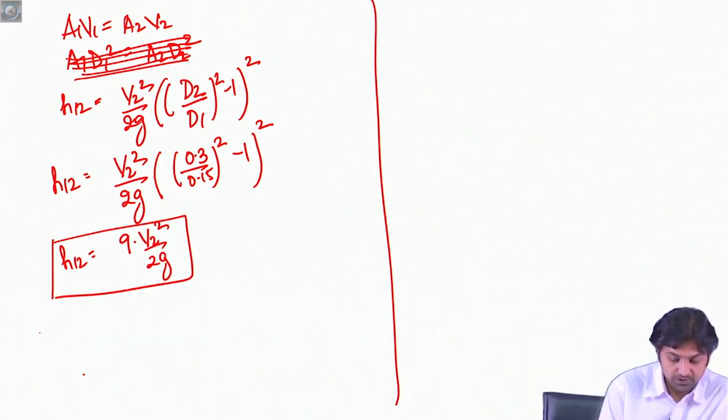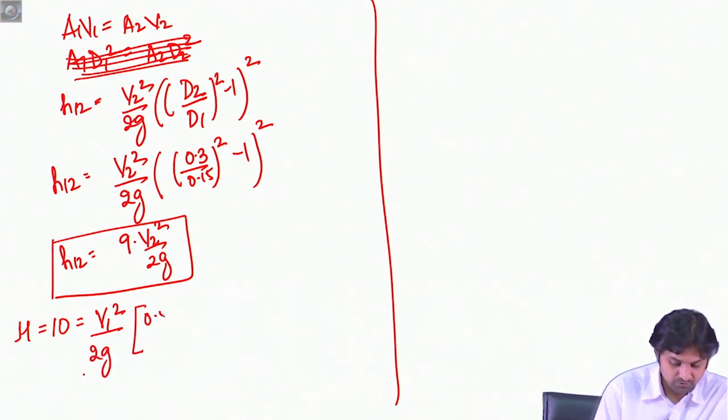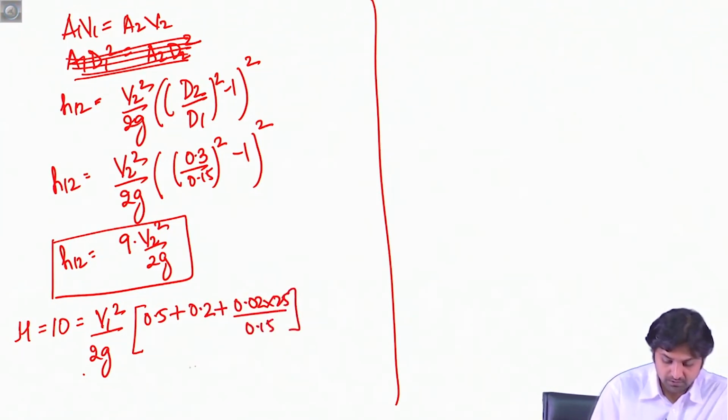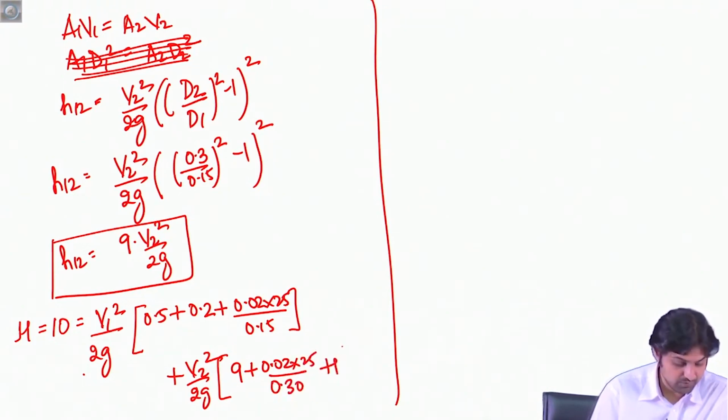All right, now we can simply write down the value of H: 10 equals V1 square by 2g into (0.5 plus 0.2 plus 0.02 into 25 by 0.15) plus V2 square by 2g into (9 plus 0.02 into 25 by 0.30 plus 1).